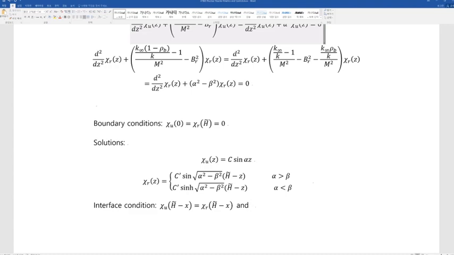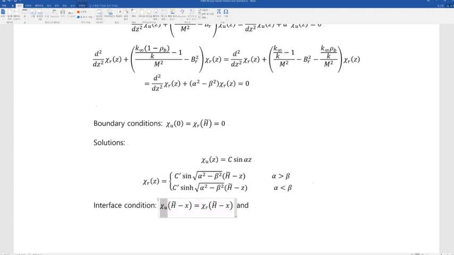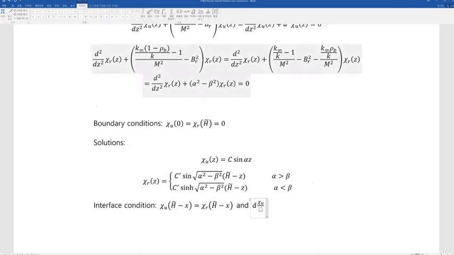And to satisfy the continuity of neutron current, then its derivative, in other words, its derivative with respect to z at the point of interface, when z equals h tilde minus x, should be the same as the first derivative for the unloaded flux.